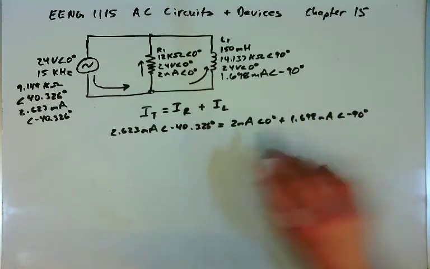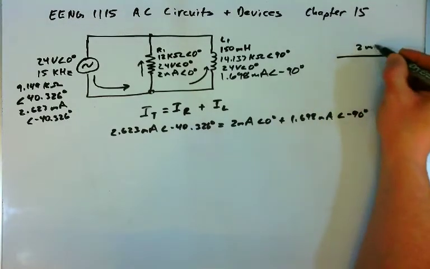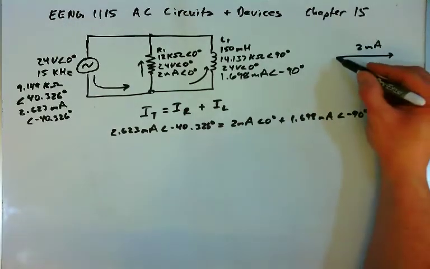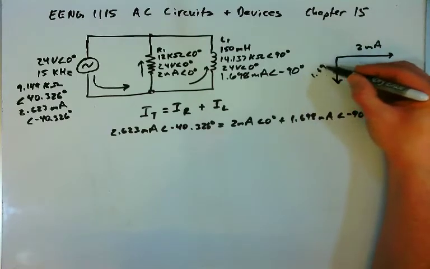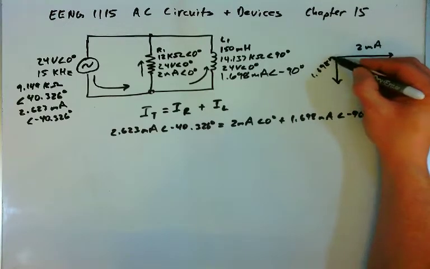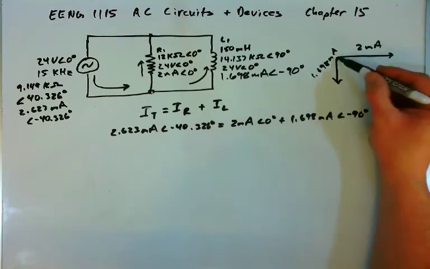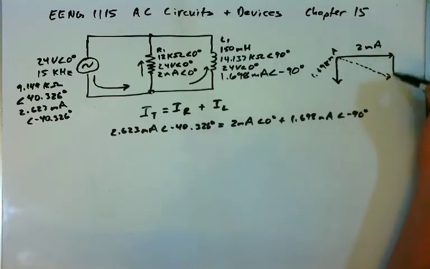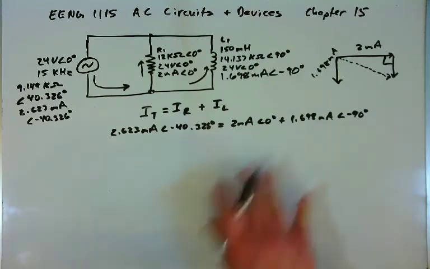And so again, I'm going to look at these graphically. We have 2 milliamps at 0 degrees on the positive x-axis, and we have 1.698 milliamps at negative 90 degrees pointing straight down. And so we are looking for the vector sum, and again this forms a right triangle. And so for the vector sum, we'll just need to apply the Pythagorean theorem.